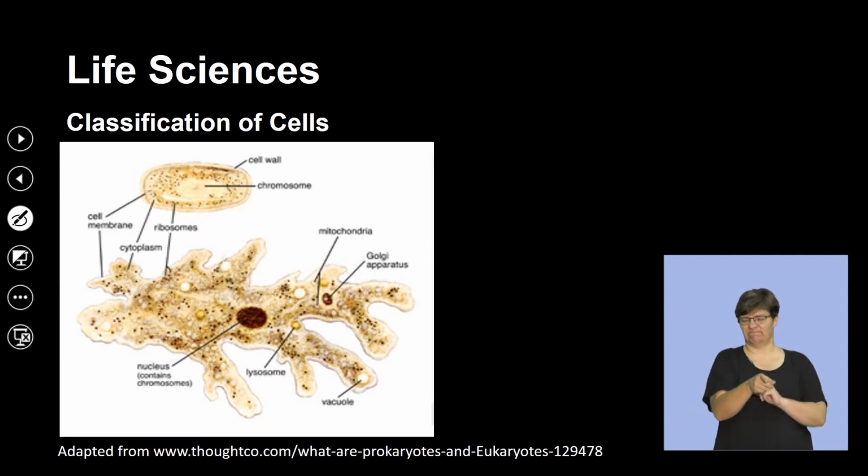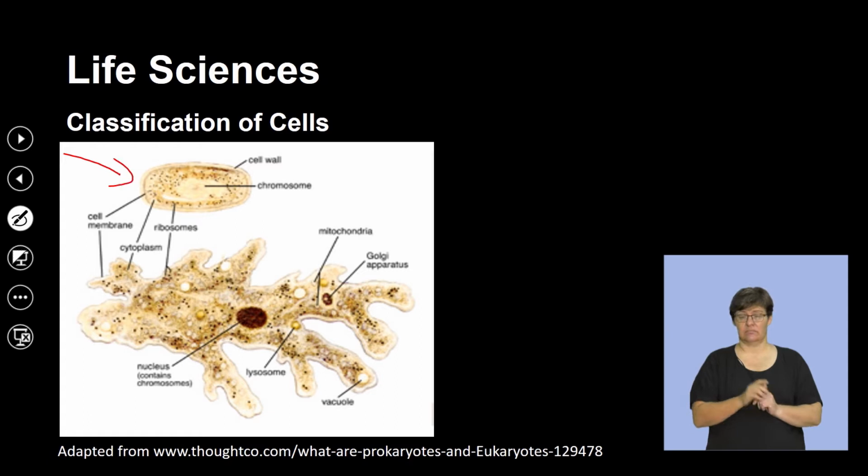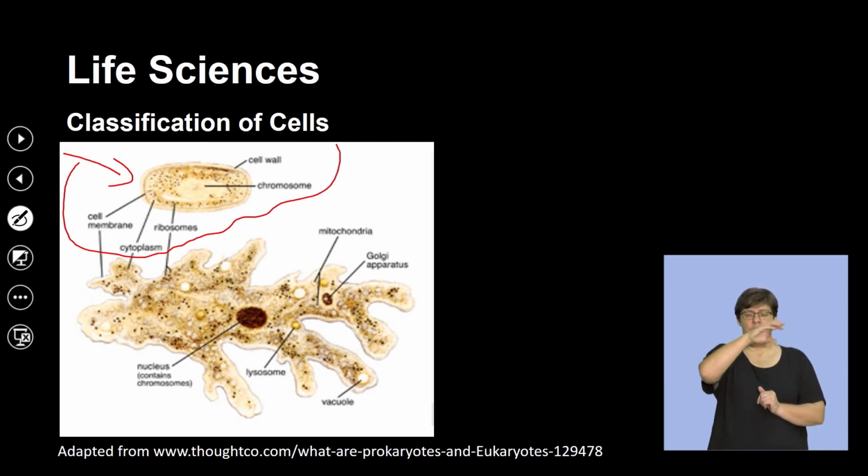So further up on this slide, this would be a prokaryotic cell up here. So here you can see that it's got a simple chromosome, it's got a cell wall, but no distinct membrane-bound structures. It might have simple structures called ribosomes. It will have a bit of cytoplasm, but clearly no mitochondria, no nucleus present.